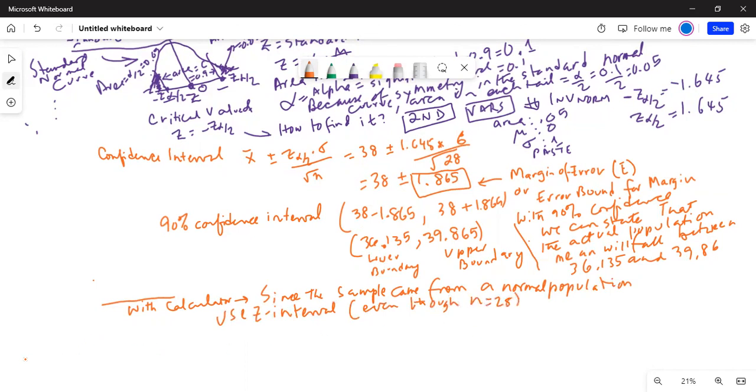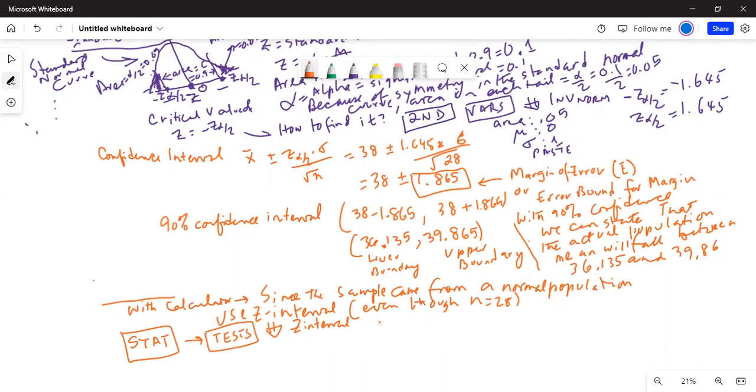So we go stat button, then highlight TESTS on the top row, scroll down to ZInterval and hit enter.